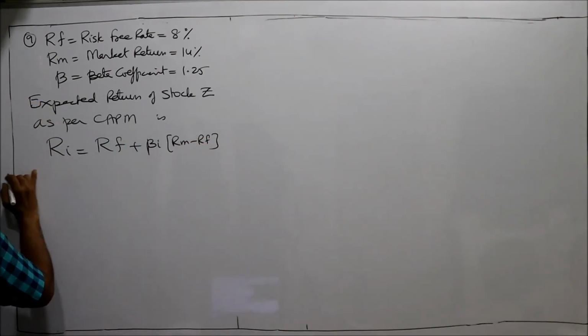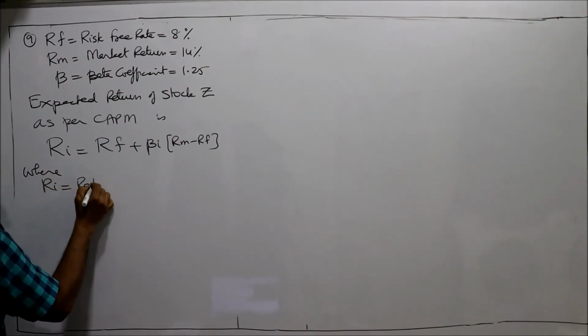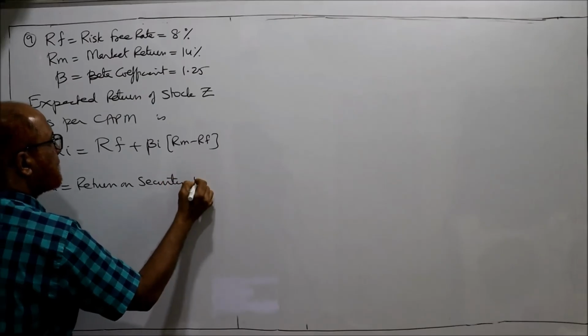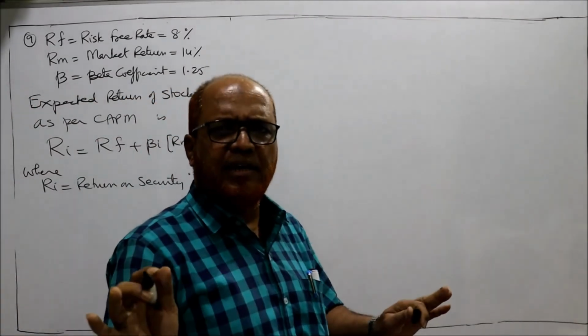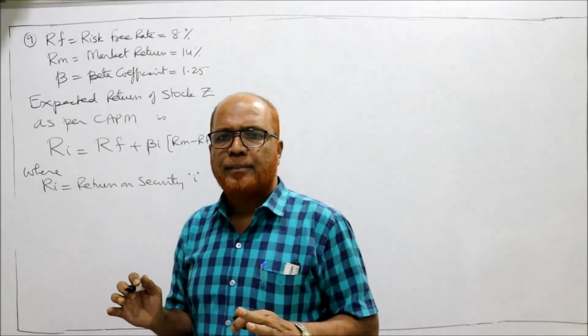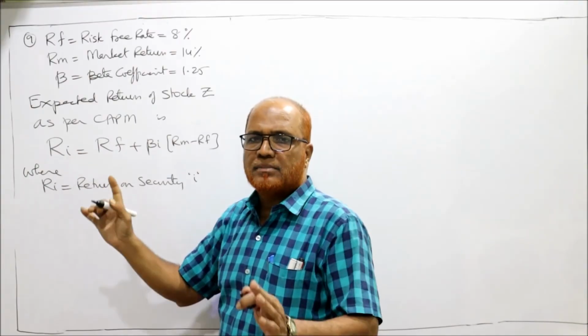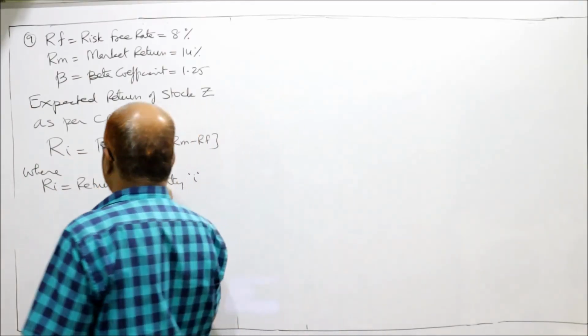So here RI is equal to return on security I. In place of I we can take anything A, B, C, D, E, F, G, H कुछ भी ले सकते. मैं एक स्टैंडर्ड के लिए मैं RI लिख दिया. I का मतलब सिक्योरिटी, स्टॉक का नाम I है. तो रिटर्न ऑन सिक्योरिटी I.